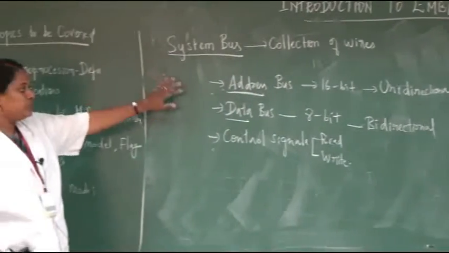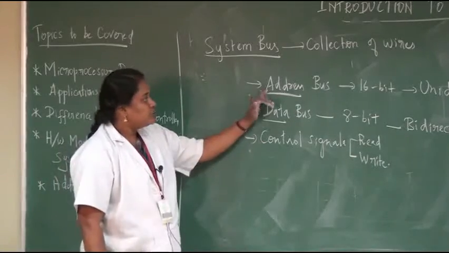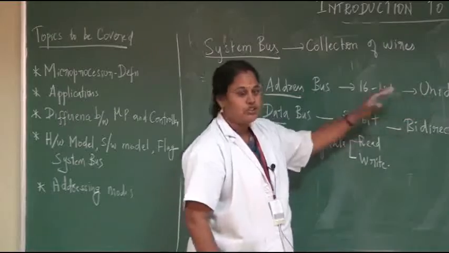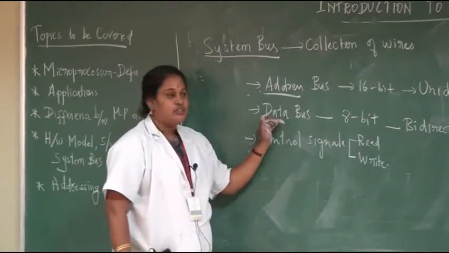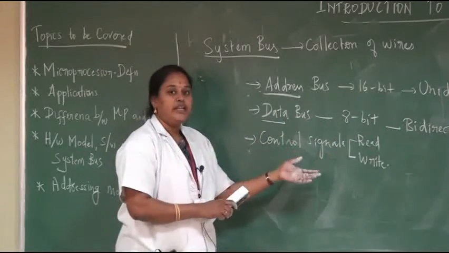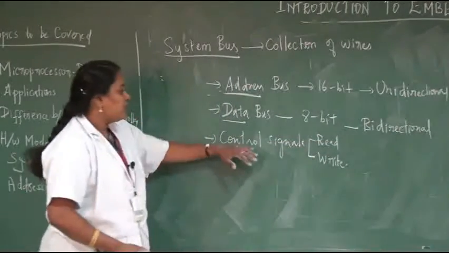So the system bus includes the address bus, data bus and control signals. The address bus is 16-bit and unidirectional because the processor places the address on the address bus. The data bus is 8-bit and carries data; it can send data or receive data, so it is bidirectional.